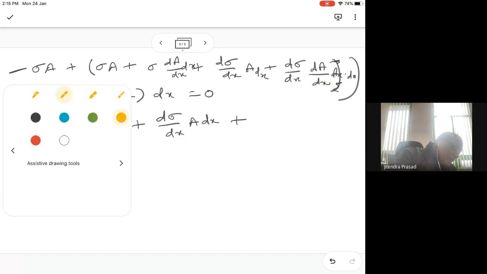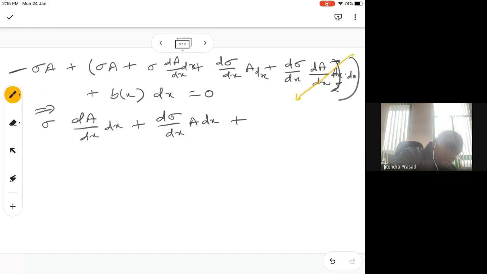Then this and this cancel out, so we did not write that. Plus now we have bx dx equal to 0.